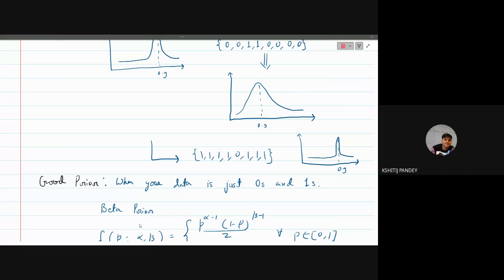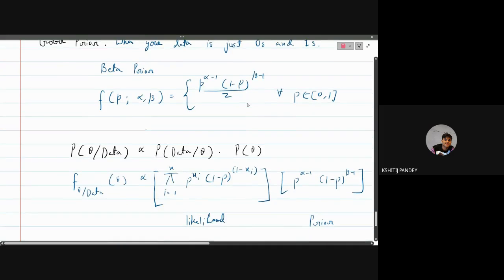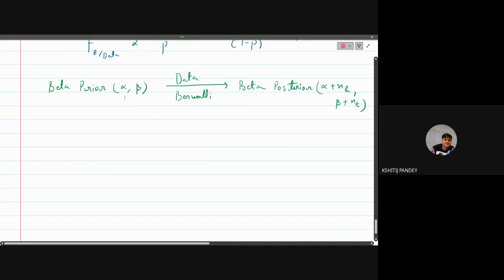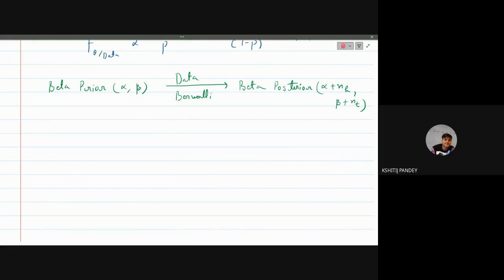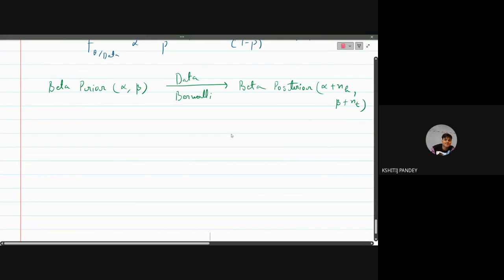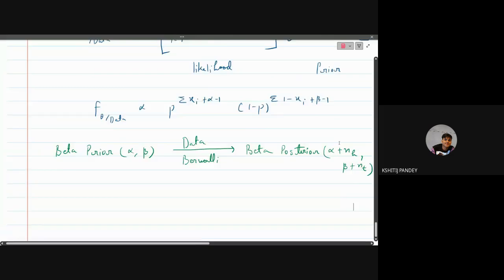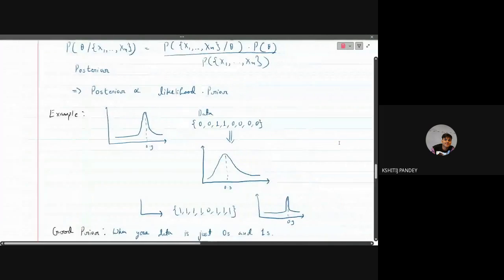You can take the expected value of the distribution, that is the mean of the beta distribution, which when your parameters are alpha and beta will be alpha by alpha plus beta. You can take mean, mode, or anything else depending upon what you want. So once you have your posterior density, to find the value of P, you can approach in different ways. So that was it for Bayesian estimation.